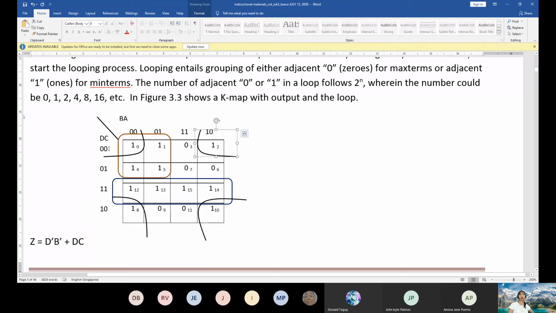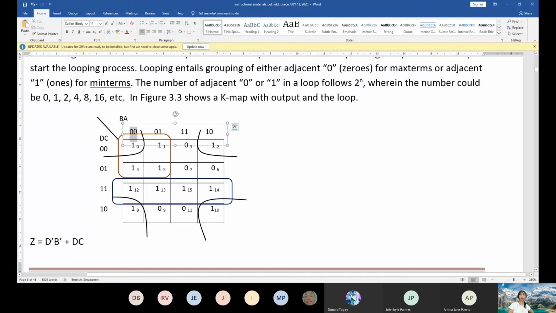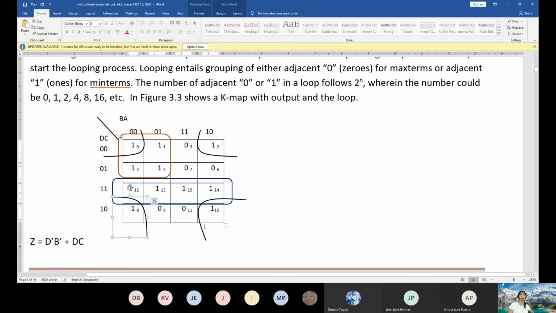For DC, we have 0, 0 and 1, 0, and for BA, we have 0, 0 and 1, 0. So we have 4 ones on the corners, and we group them all together.